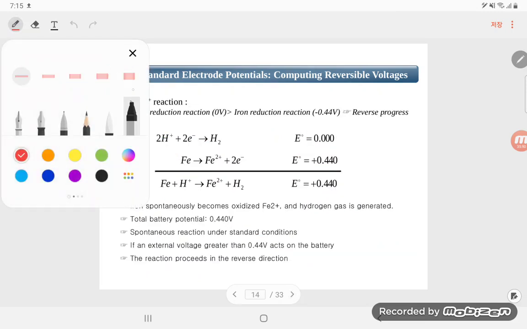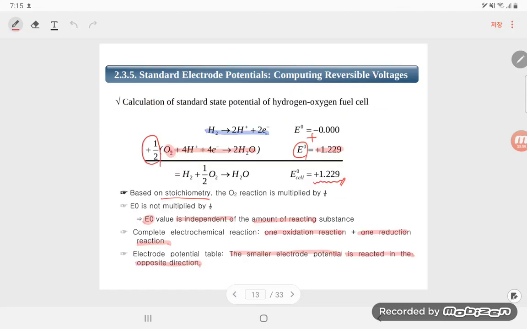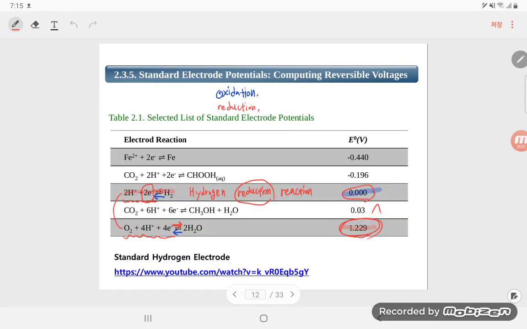Then let's take a look at this one, iron and hydrogen ion reaction. If you see this in the table, the iron ion has the electrode potential minus 0.44, and we have the hydrogen ion in here.